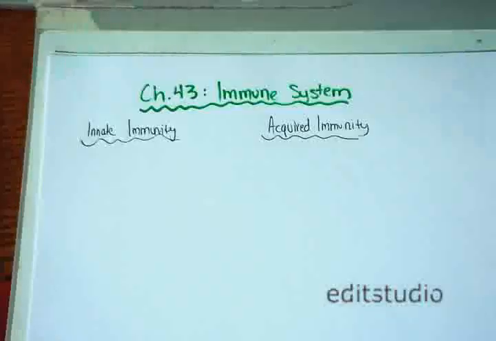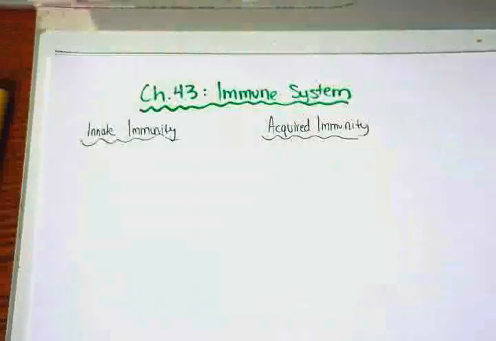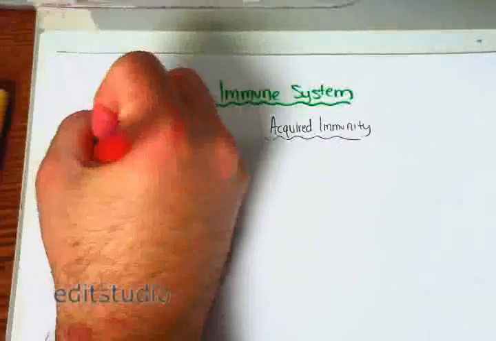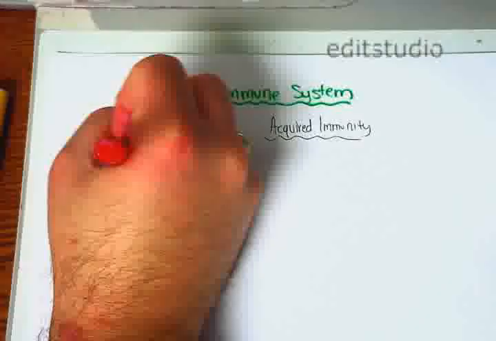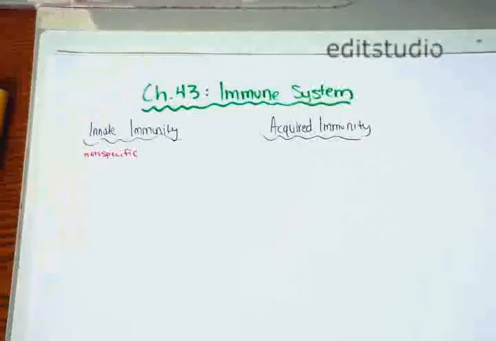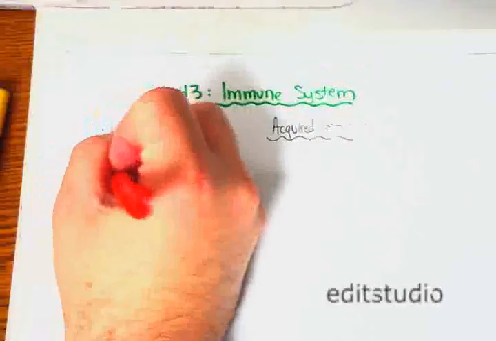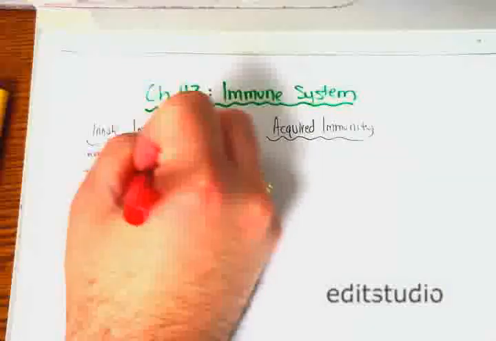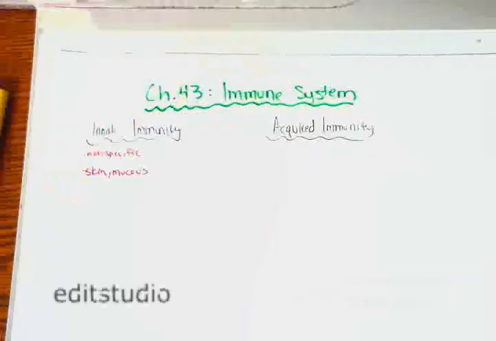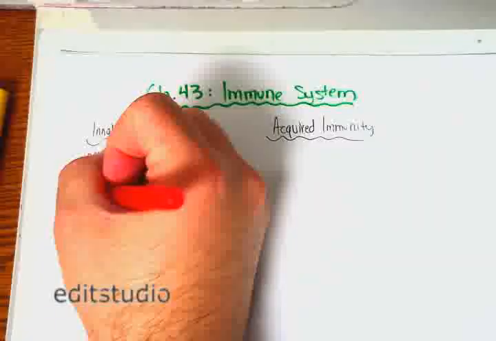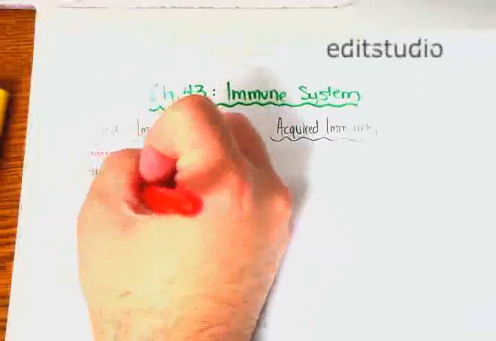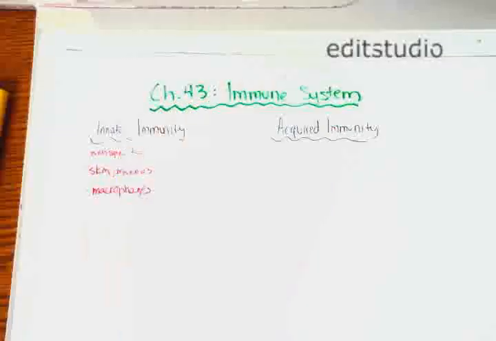Innate immunity involves very non-specific responses, typically skin-based, mucus-based. It can include macrophages or any other phagocytic type of cell.